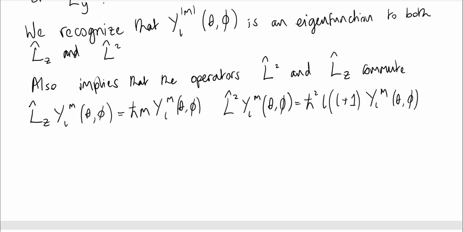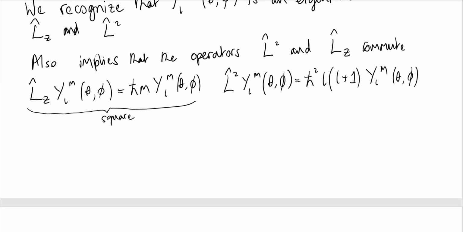And what we can now do is actually square everything in here. So if I take this expression here and I square this, I'm actually going to combine these two equations. So when I square this, here's what I'm going to do. We will take L hat squared Y L m theta comma phi, and I'm going to subtract.